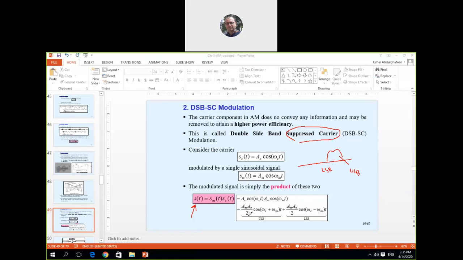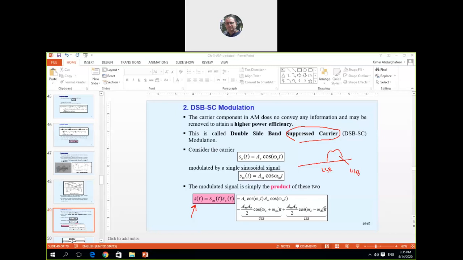This 2 comes from the multiplication of 2 cosines. Cosine A times cosine B gives half cosine (A plus B) plus half cosine (A minus B). Normally we write it in terms of omega C plus omega M and omega C minus omega M, because omega C is much higher than omega M.